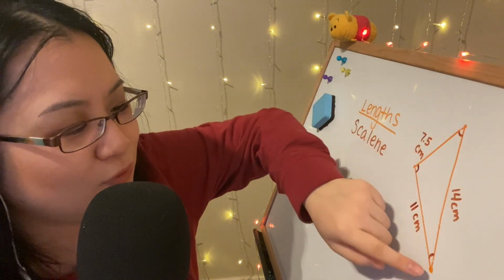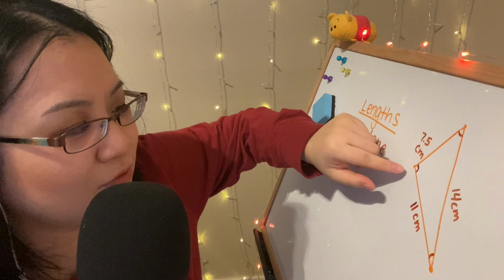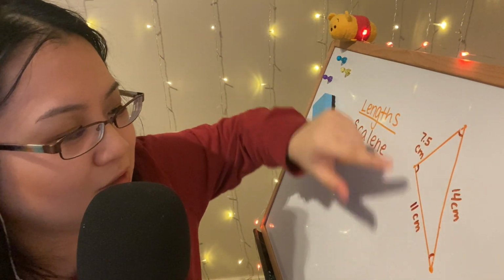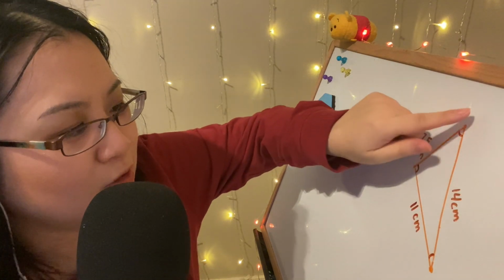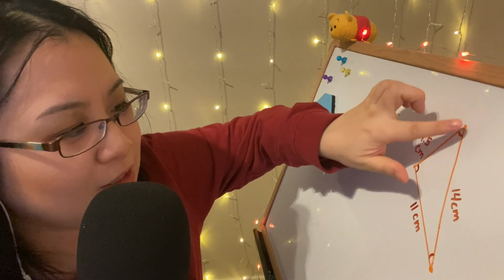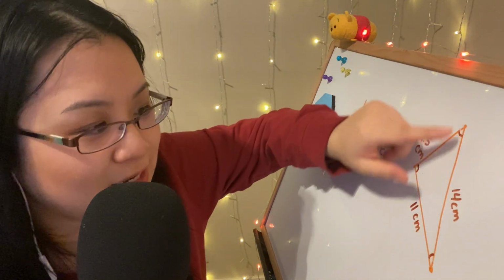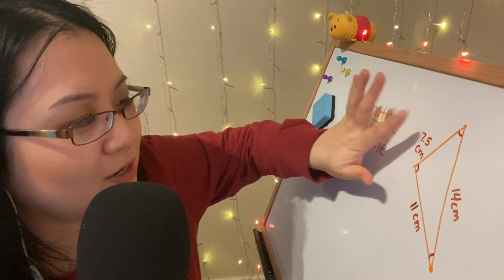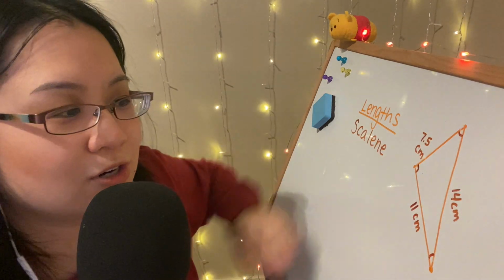It has to form this kind of cycle thing here, right? We have three vertices, these points, and so we're just going to be connecting the dots. So we will have three clear sides that are going to have lengths, and if they are all different, it's a scalene triangle.